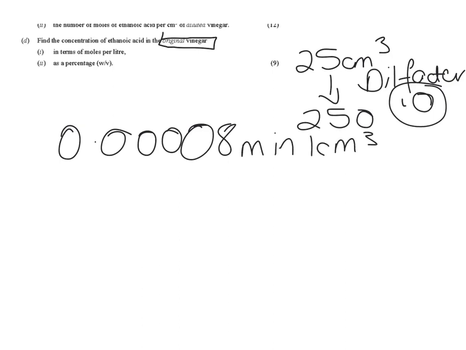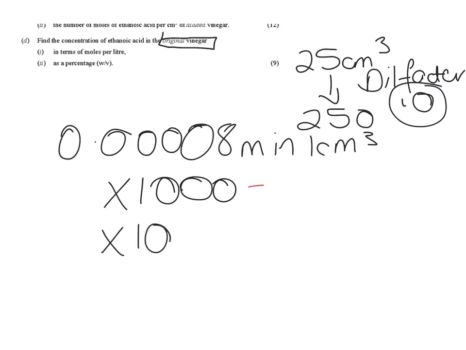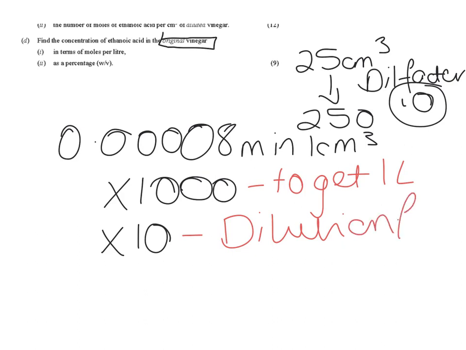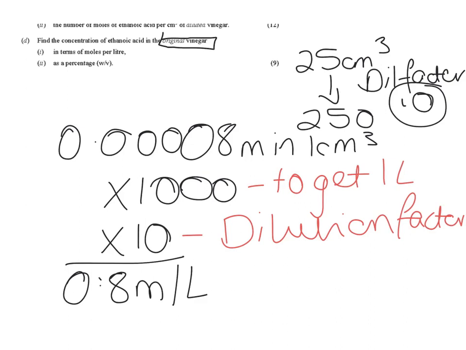I want that per litre, so I'm going to multiply it by 1,000. And I also want it in the original vinegar, so I'm going to multiply it by 10. So don't forget the 1,000 to get to 1 litre, and 10 is my dilution factor. When I carry out all of those steps, I get a much bigger answer of 0.8 moles per litre.